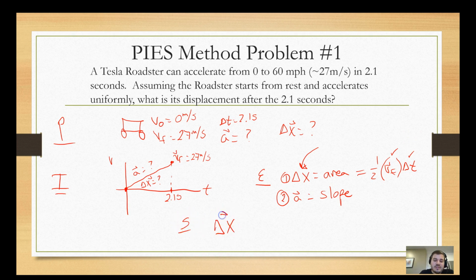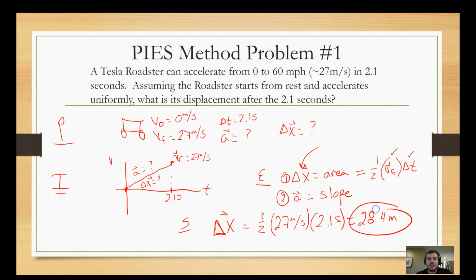I already have the equation solved for the thing I want, equals 1/2, and now I can put in numbers of 27 times 2.1 seconds. And that would be how we would obtain our answer for how far does this go. So we then find that the Roadster travels 28.4 meters.